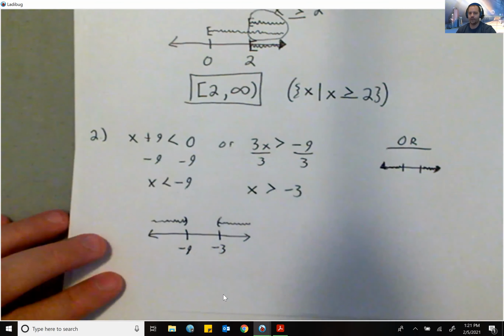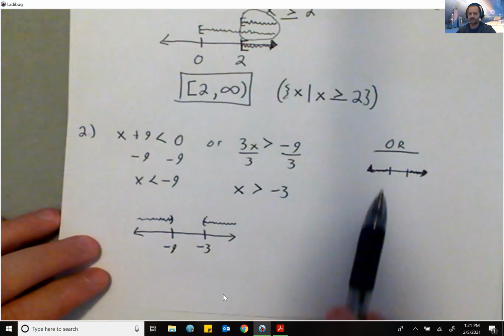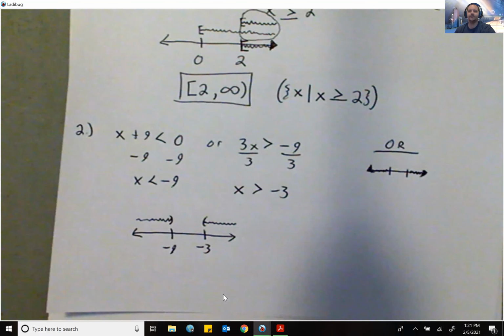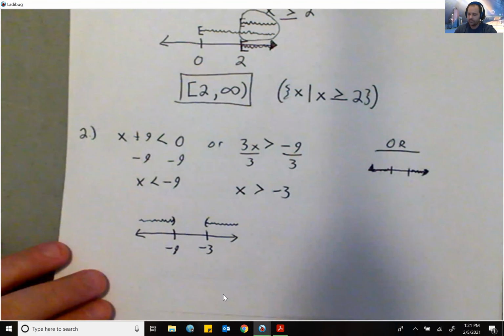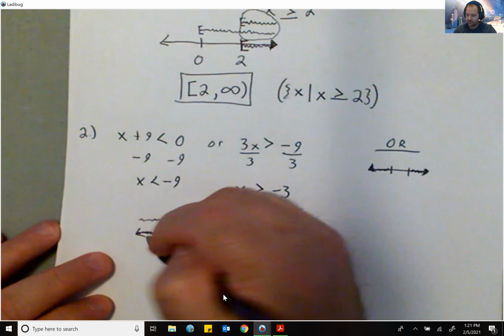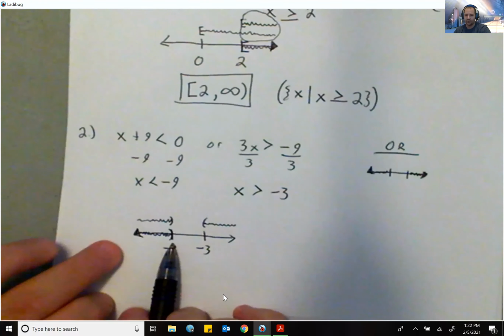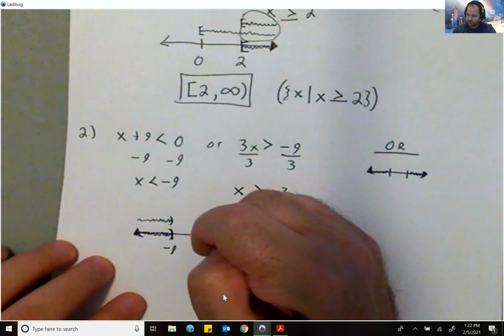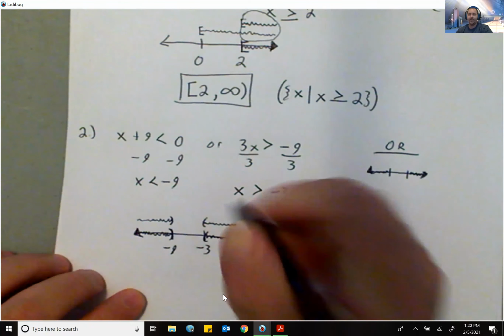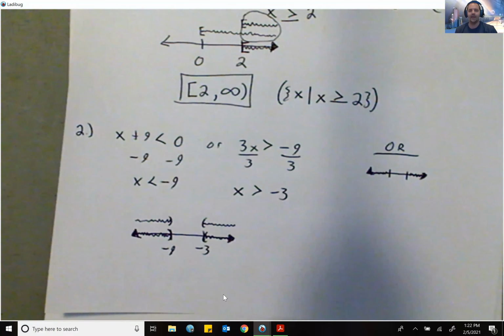All right. Does this kind of look like an OR answer? Yes. Absolutely. Because when it comes to ORs, wherever there is shading, that's my answer. So my answer includes this side, which is our negative 9, and my answer includes this side. If my shading overlapped, that would have been a-okay.